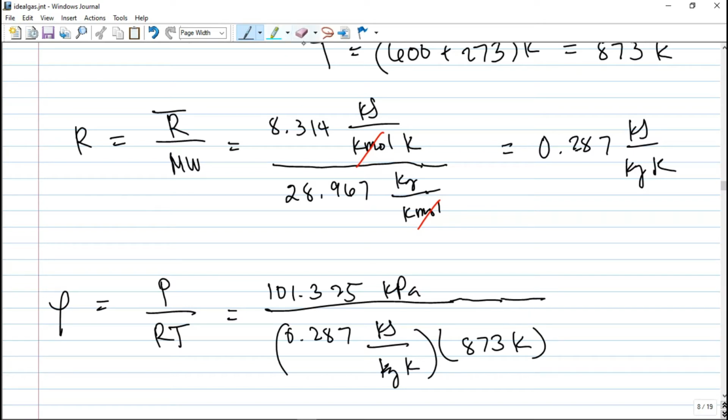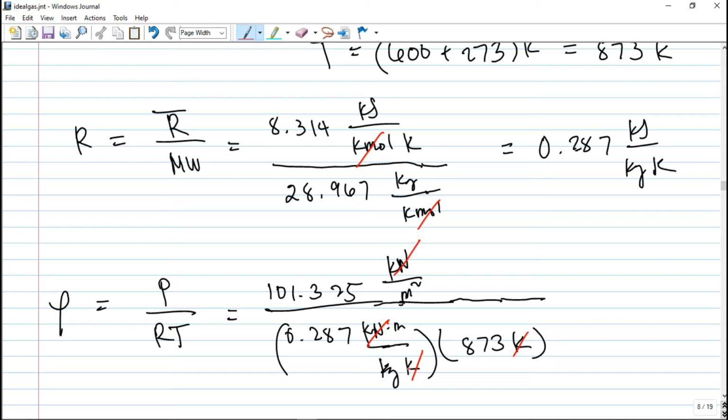Unit analysis natin: kilopascal is kilonewtons per square meter. Then etong kilojoule can be expressed as kilonewton meter, so kilonewton here will cancel out. Kelvin cancel out. Yung square meter mag-multiply sa meter here, so yung denominator niya is cubic meter.